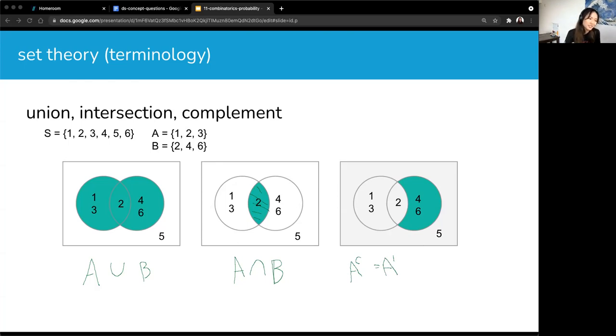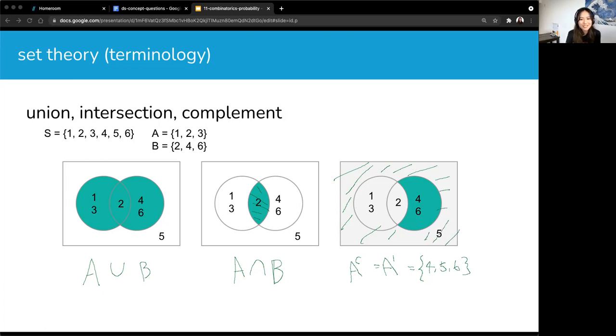And so complement is just anything that isn't in A. So basically anything that isn't in A, this actually should also be shaded the outside, but the complement of A should include 4, 5, and 6, because it's anything that isn't in A. So this outside part that isn't in A should also be shaded in for this to make sense. Any questions about this?